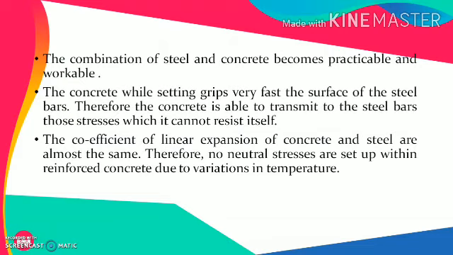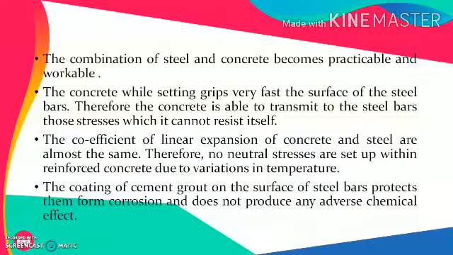But as the coefficients of expansion for concrete and steel are almost the same, there is no relative change in the dimension with respect to each other as the temperature varies, because of which no stresses are set up within the RCC due to the variation in temperature.